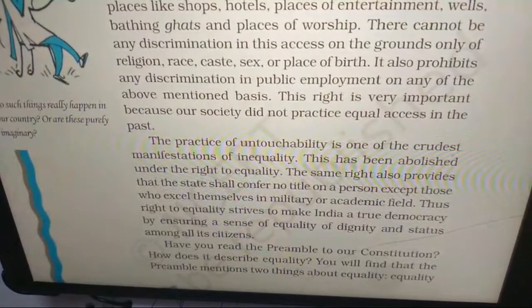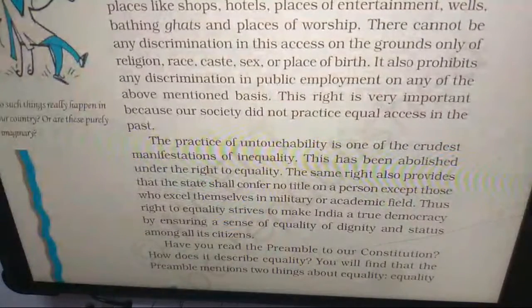The same right also provides that the state shall confer no title on a person except those who excel themselves in military or academic field. Thus, right to equality strives to make India a true democracy by ensuring a sense of equality of dignity and status among all its citizens.